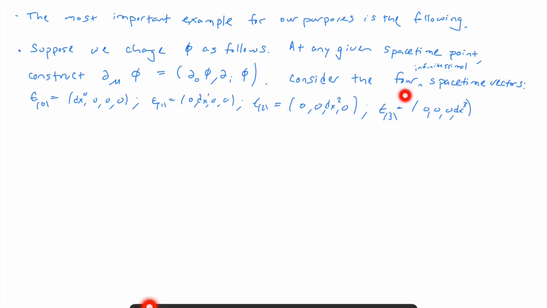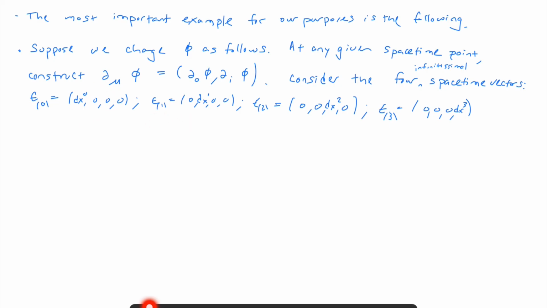Now consider the 4 infinitesimal space-time vectors. Epsilon (0), which itself is a 4-vector, is just a very small change in time, dx0, and then 0 for everything else.